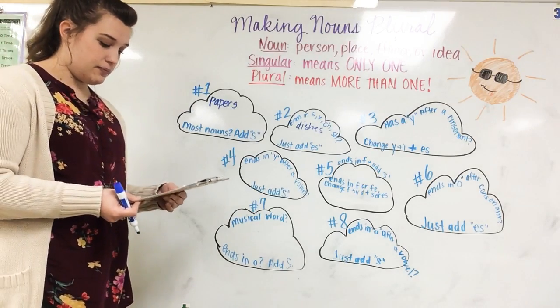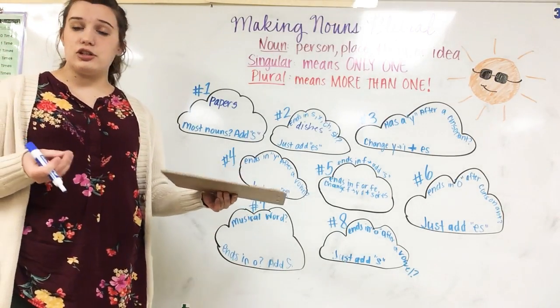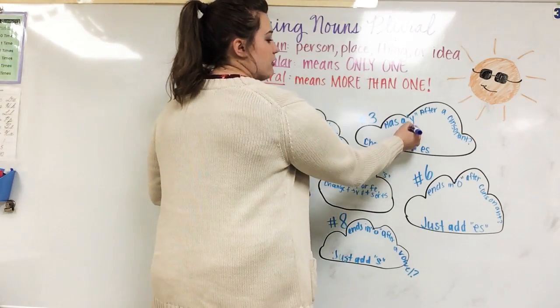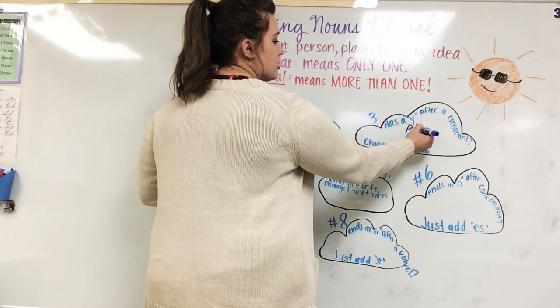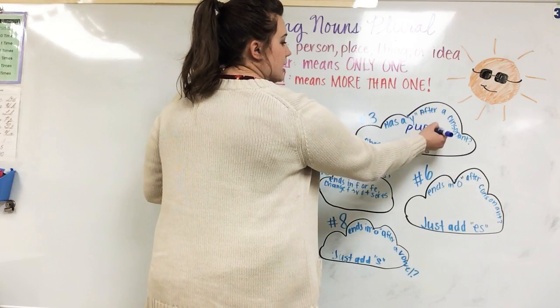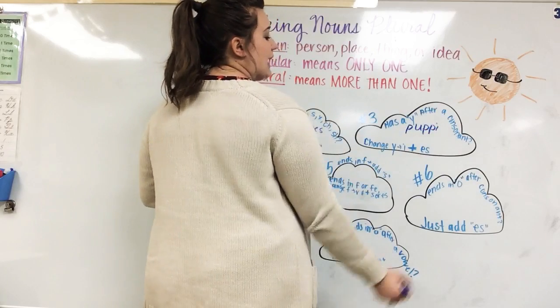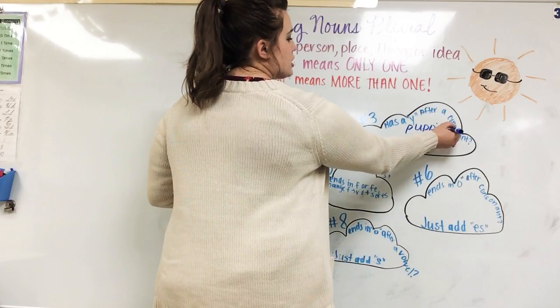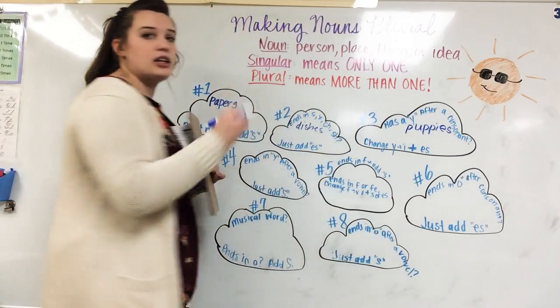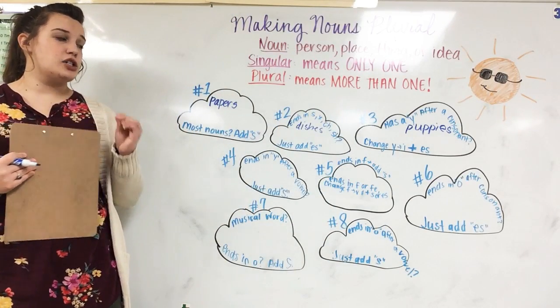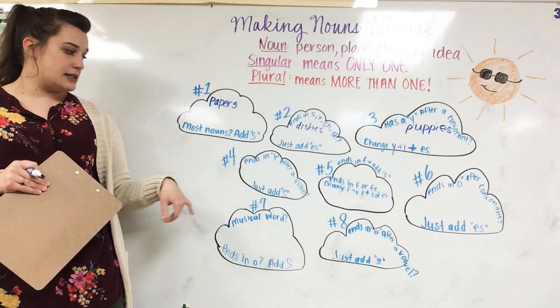So for example, puppy, the last 2 letters are P, which is a consonant, and then y. So we're going to change puppy from P-U-P-P-Y to P-U-P-P. We're changing the y to an i, and then you add es. So puppies is spelled P-U-P-P-I-E-S.